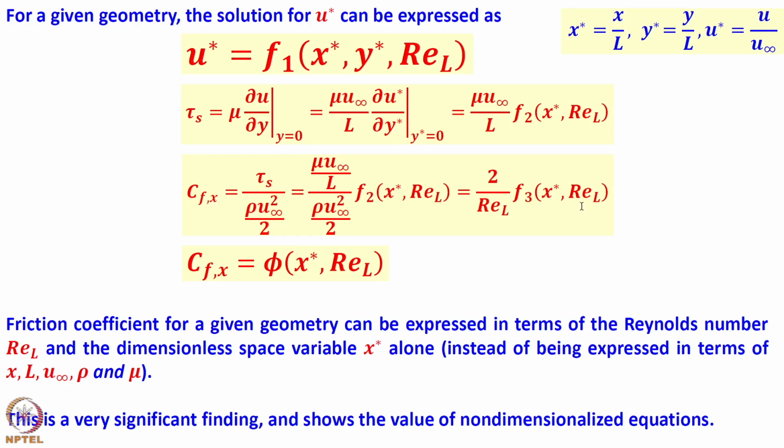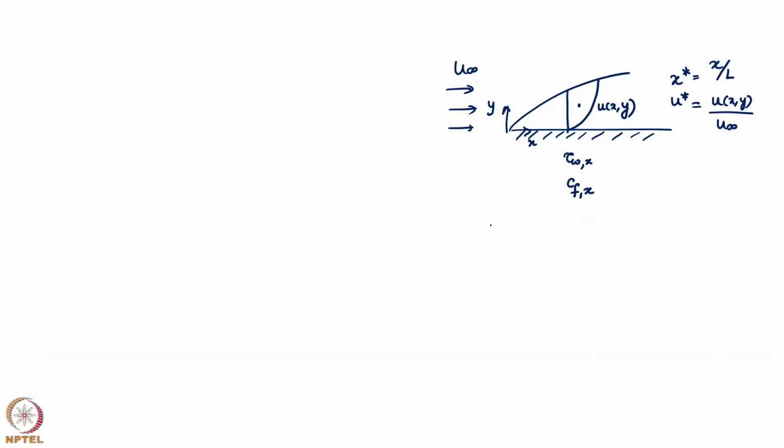In fluid mechanics also we would have studied this: local coefficient of friction and average coefficient of friction. Local quantities mean at a location. Average quantities mean over a region.